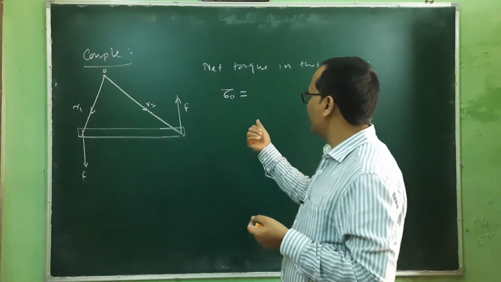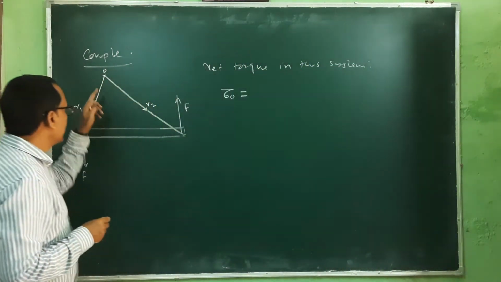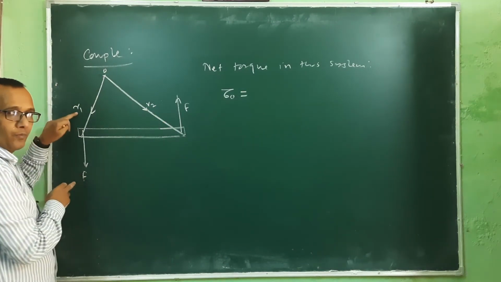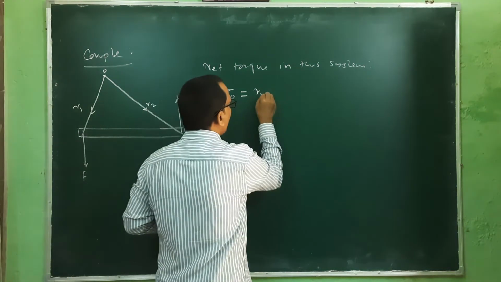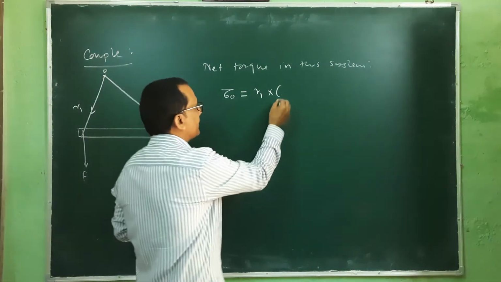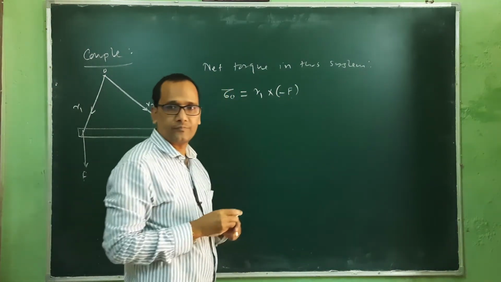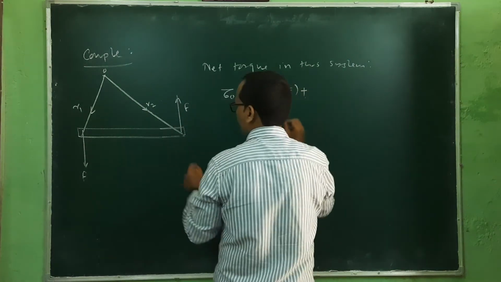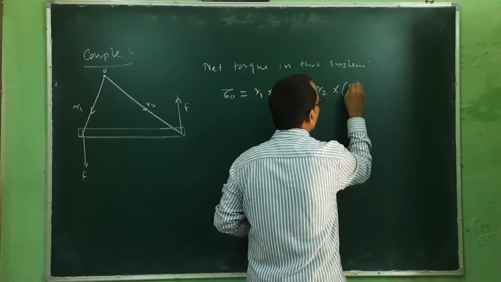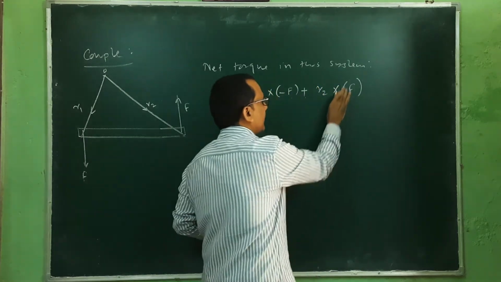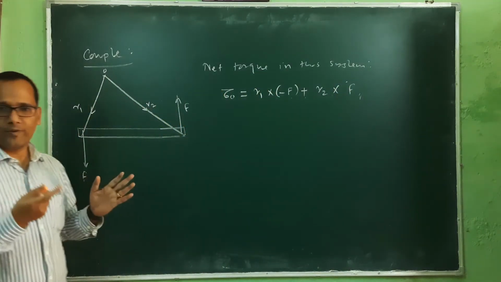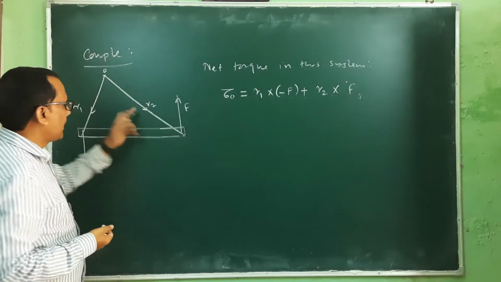Now let us calculate the net torque on this system around point O. So tau naught in vector form is R1 cross, and this is the positive y direction, this is the negative y direction, so let us take minus F, plus, second, the position vector R2, and F. We are just taking it in vector form. This is position vector R1, this is position vector R2.